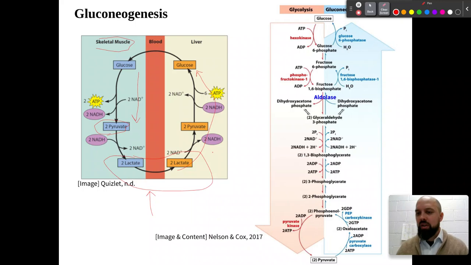They're not. 7 of the 10 reactions are interchangeable. I'll show you some of those, but there are 3 reactions that make them independent of one another. So it's not necessarily a perfect reversal of the two. I want to point that out.